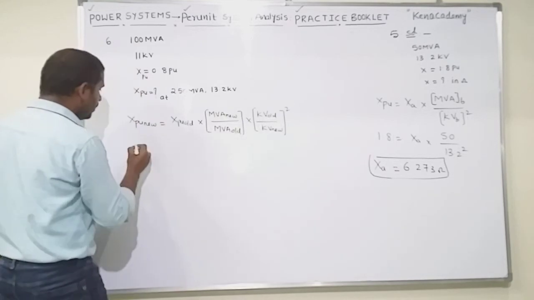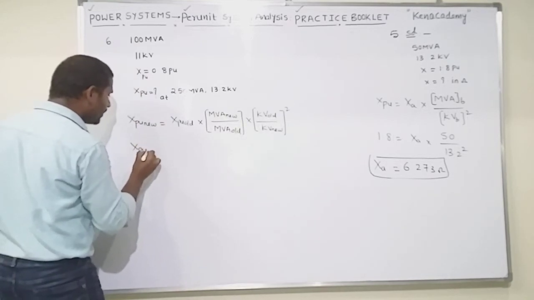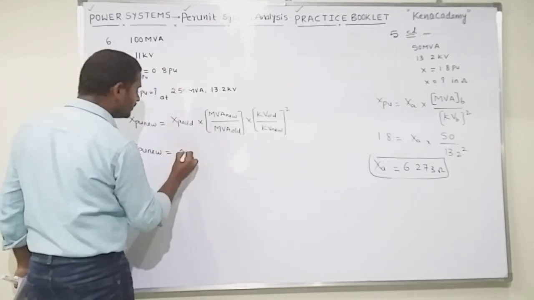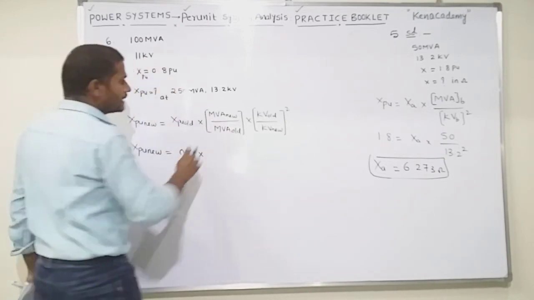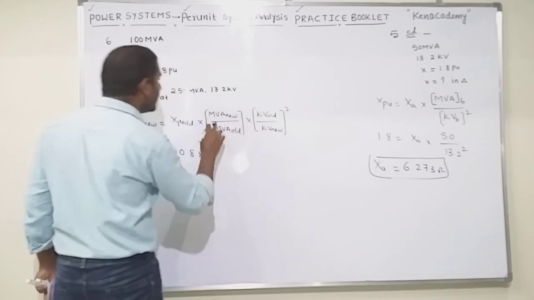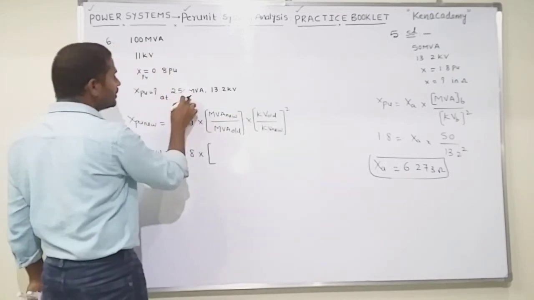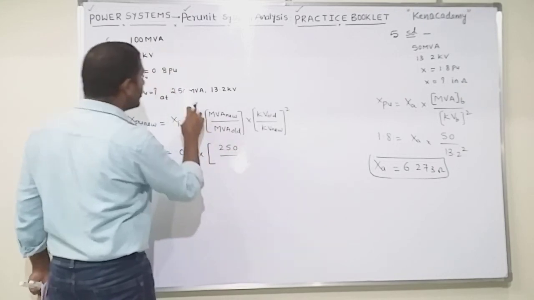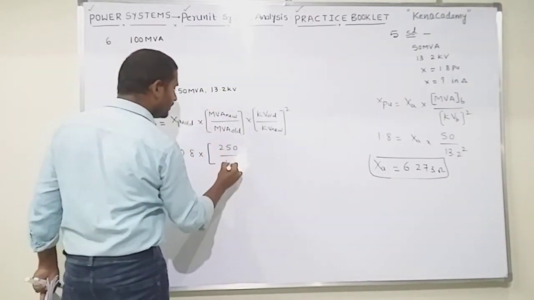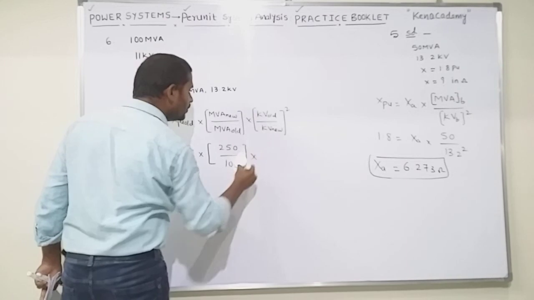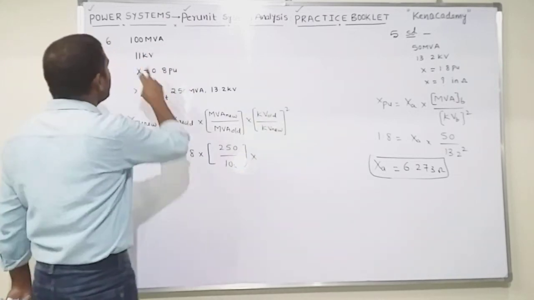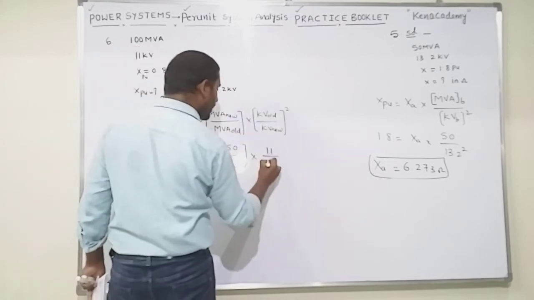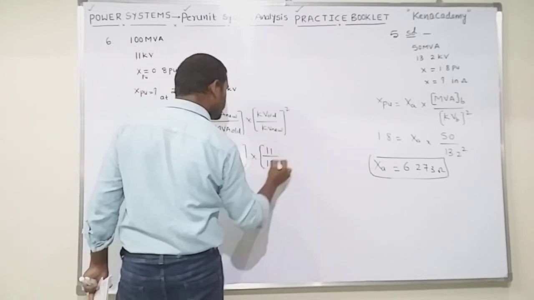Now what is the X per unit new? X per unit new equal to, what is the X per unit old? 0.8 into, what is the MVA new? MVA new is 250, by what is the old MVA? 100 MVA. Into, what is the kV old? kV old is 11 kV. What is the kV new? 13.2, whole square.